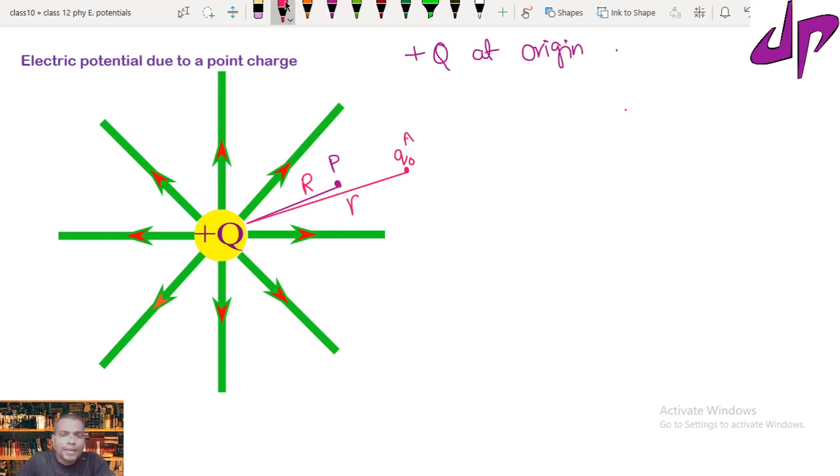Now I need to do work. Here you can see q naught is a positive test charge and capital Q is also a positive source charge. It means there will be a Coulomb repulsive force between them. Now I need to do work against that. Work done by me equals the force applied by me times a small displacement dr, so small work dW.